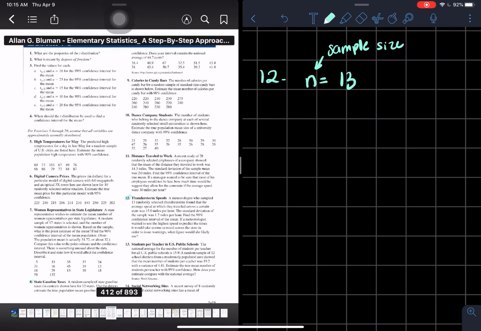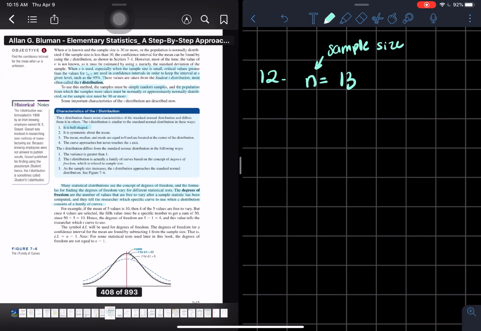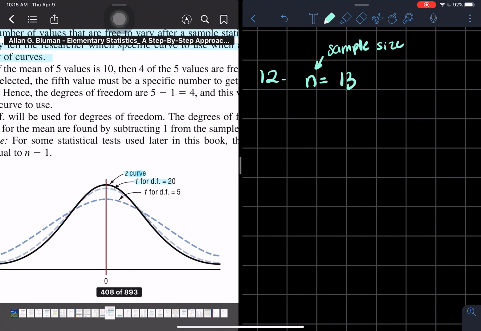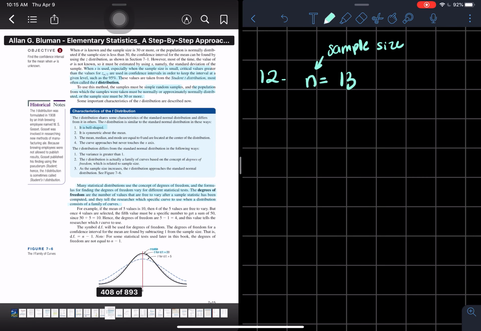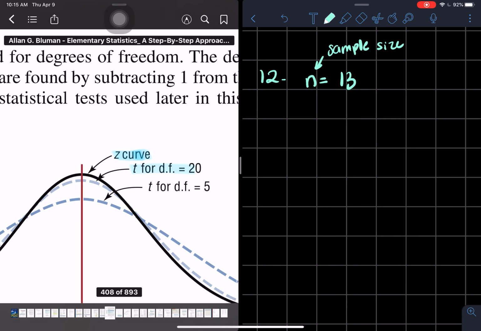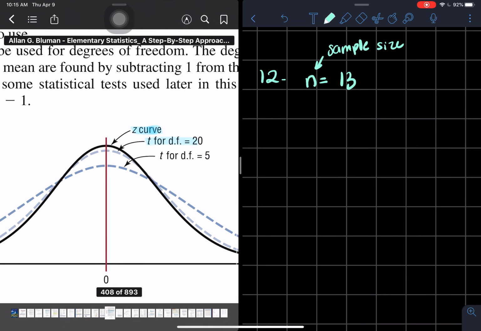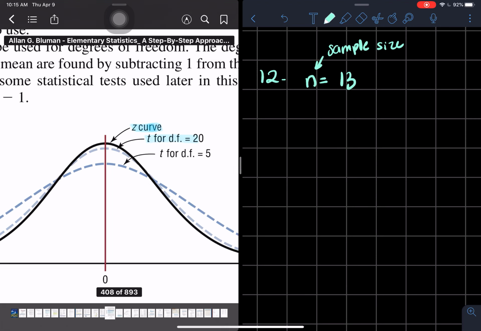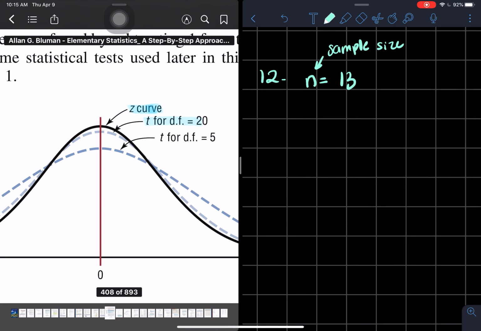I feel it's clear in this figure right here. When the degrees of freedom for t is 5, it's really flat. The z curve is exactly normal, because you have your mu at 0 and your standard deviation at 1. Notice that they all have a mu of 0.